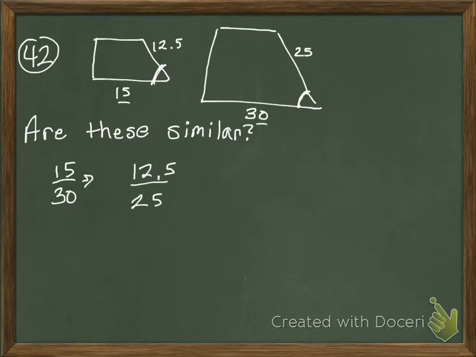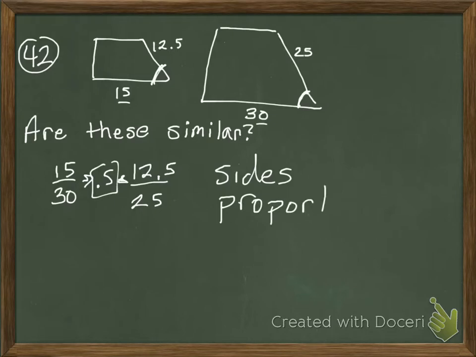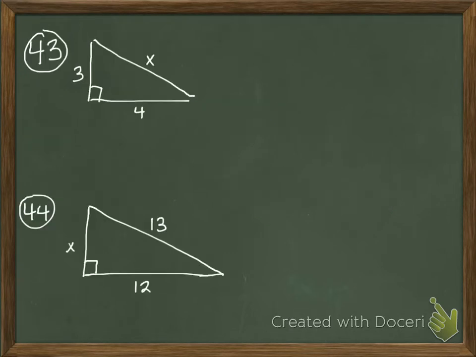If we simplify both of those fractions, 15 over 30 is 0.5, and 12.5 divided by 25 is also 0.5. So both of them give me 0.5, so I know that the sides are proportional, which means that yes, they are similar because the angles are the same and your sides are proportional to one another.